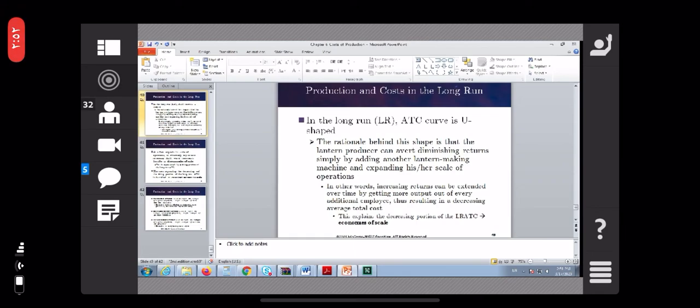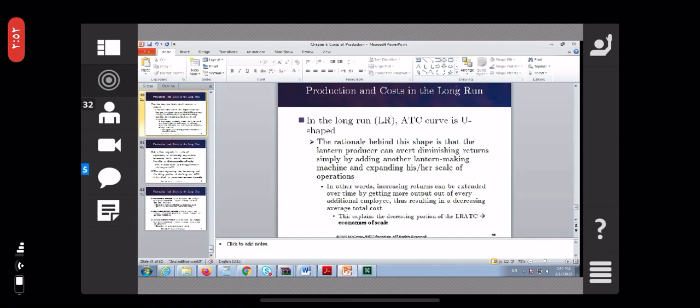This is one of the important points that should be mentioned or can come in the final exam: the law of diminishing returns to scale and the cause of the U-shape of the average total cost curve.